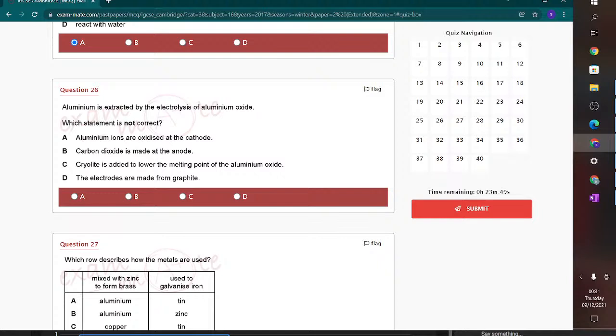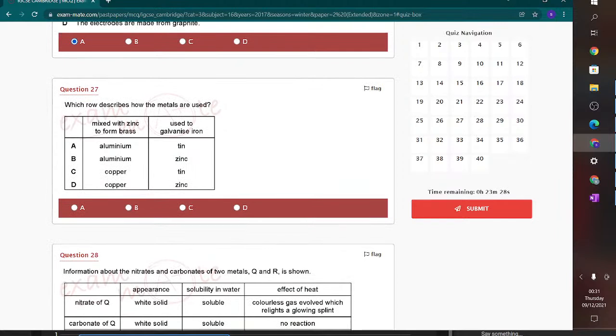Cryolite is used to lower the melting point of aluminium oxide. Carbon dioxide being oxidized? Well, it is reduced at the cathode. Aluminium ions Al3+ gain 3 electrons, and gain of electrons is reduction. So A is incorrect because they are reduced and not oxidized.